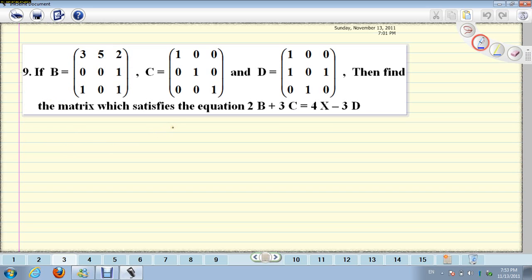Find the matrix X that satisfies 2B plus 3C equals 4X minus 3D. Again, simple equation. I'm gonna move negative 3D to the other side.